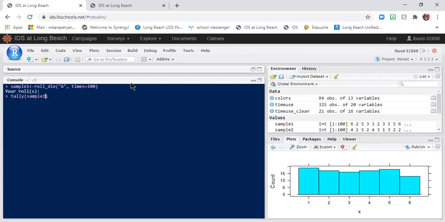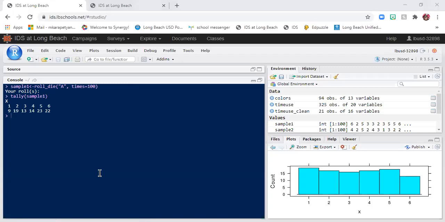So tally sample 1, hit enter, and it's going to give me a count of how many times 1 showed up, how many times 2 showed up, and 3, and 4, and 5, and 6. I can see that 1 showed up 9 times for me, 2 showed up 19 times, and so on and so forth.